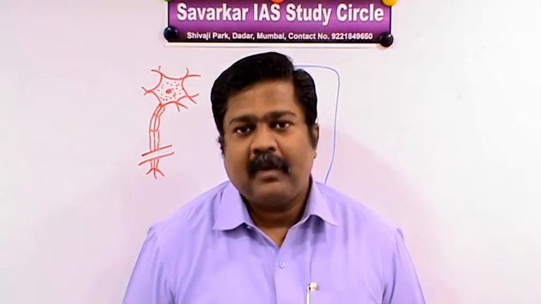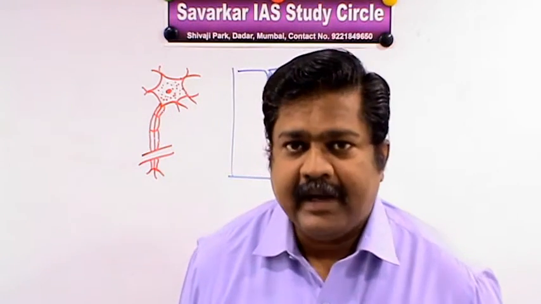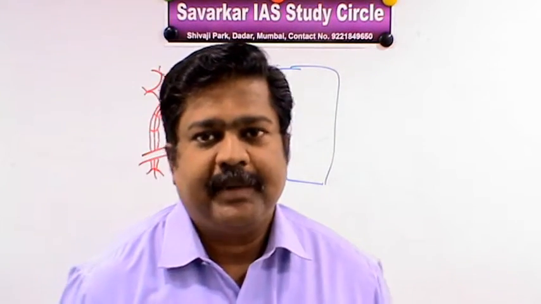Then onwards, a part of the midbrain is called the hypothalamus. To the tip of the hypothalamus, that means towards the downside, there is an important gland called the master gland in the human body, that is called the pituitary gland. A peanut shaped gland is there, which is the central part.